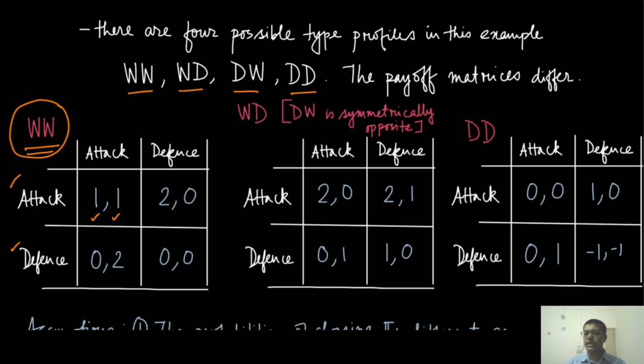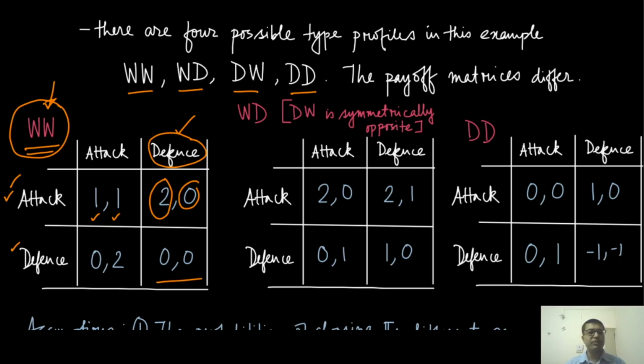Now when one player is attacking and the other player is defending, because player 2 was trained for winning, that is, trained to play aggressively, they might not be good at defending. So in that case, they get 0 payoff, and the other player gets something positive. The numbers do not really matter; it's just exhibiting that depending on which types are chosen by these players, the payoffs may be different.